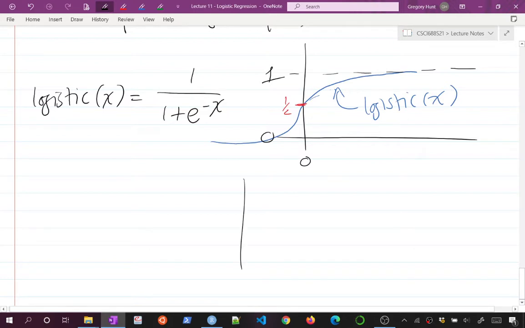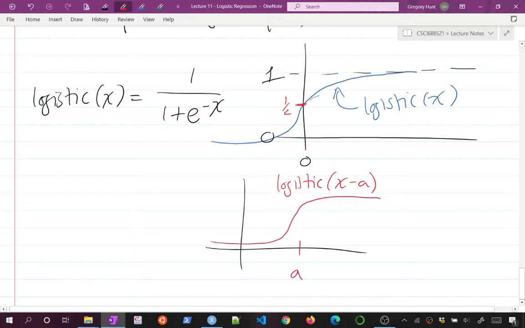Like if I have logistic of x minus a, that will just put this center at a. It will still start at 0 and go up to 1, but the point where it crosses 1/2 will be pushed over to a.